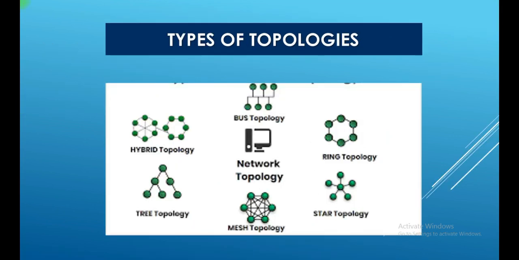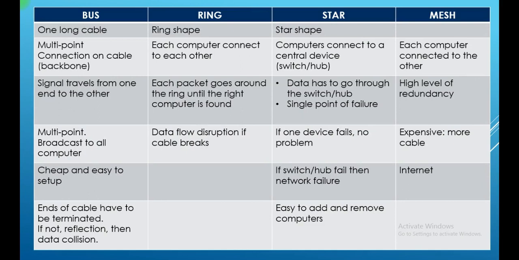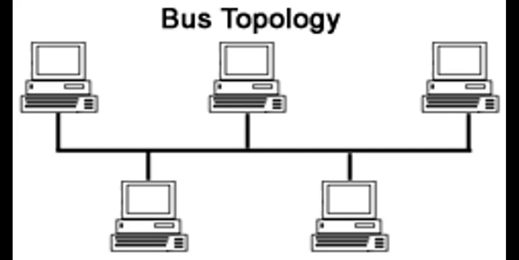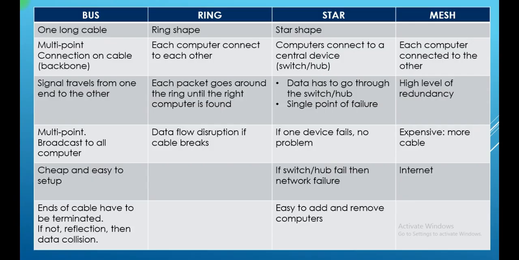Next, let us look at the different types of topologies, and I'm going to begin by looking at the bus topology. The bus topology is perhaps the most common of all the topologies, and it is where you have a main cable referred to as the backbone, which runs along a particular path, and then you have the different computers connected to that main cable, that backbone, via another cable.